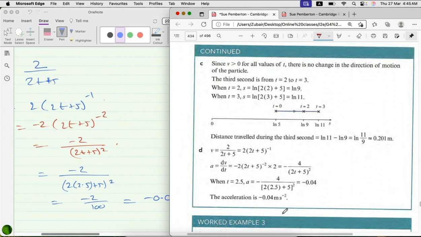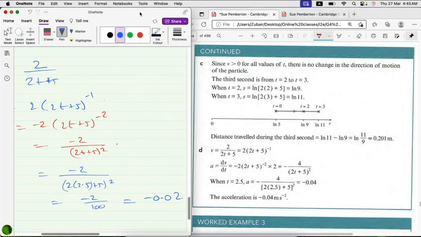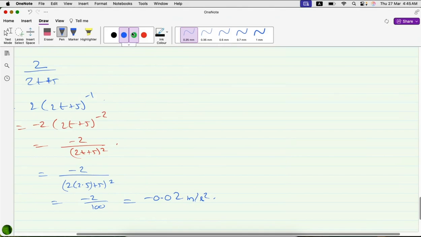Why am I getting 4? Oh, yeah, this was the power done and I forgot the base. That is 2 into 2, this is 4. Negative 0.04 meters per second squared.